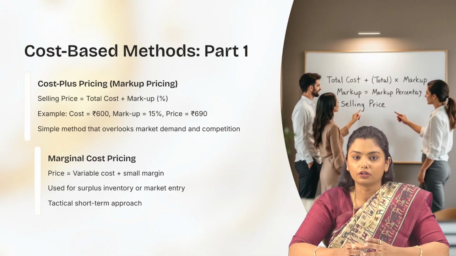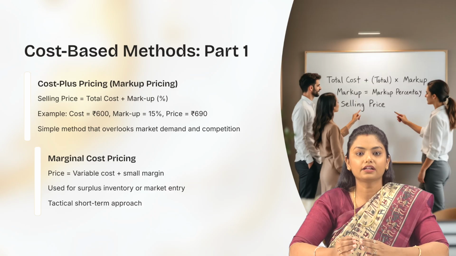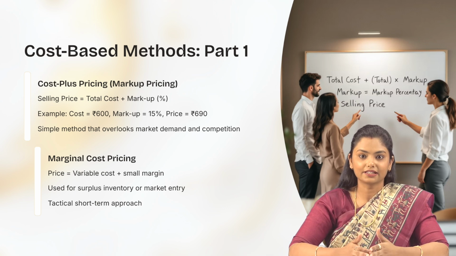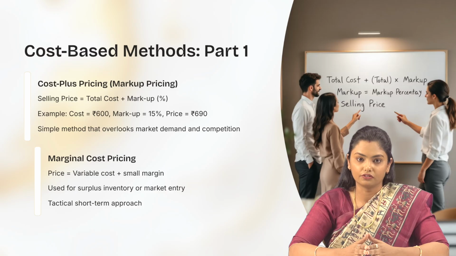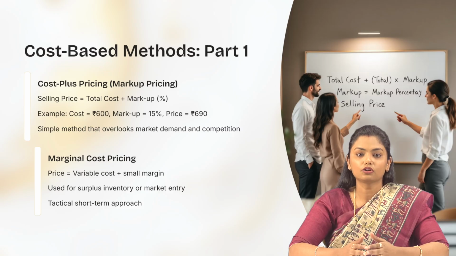If a solar cooker costs rupees 600 to produce and distribute and the company wants a 15% profit margin, it would add rupees 90, setting the final price at rupees 690. This method is simple and ensures costs are covered. However, its main drawback is that it ignores market demand and competitors' price.